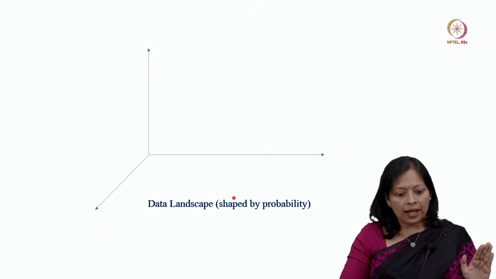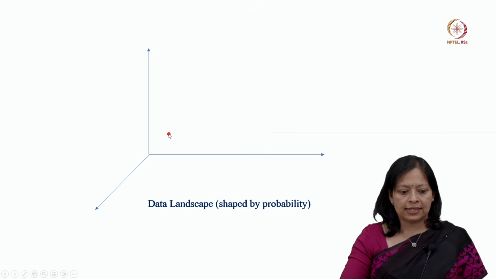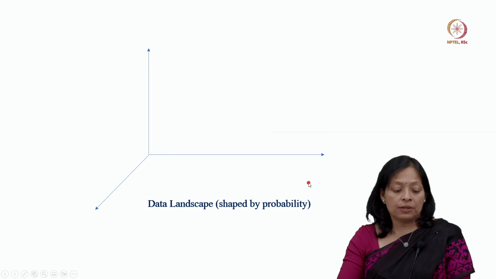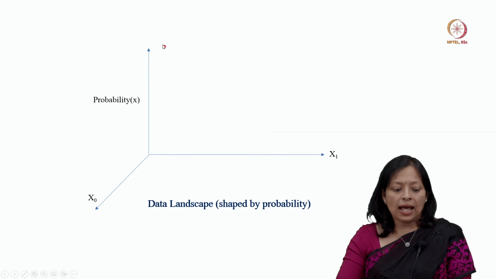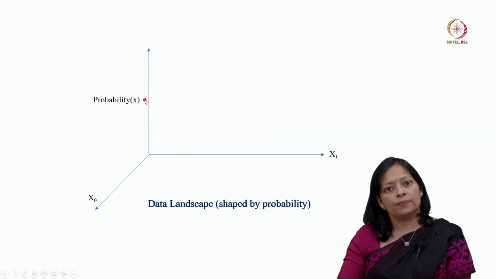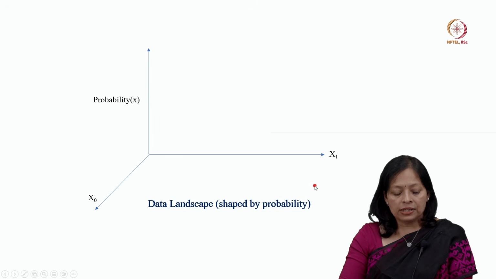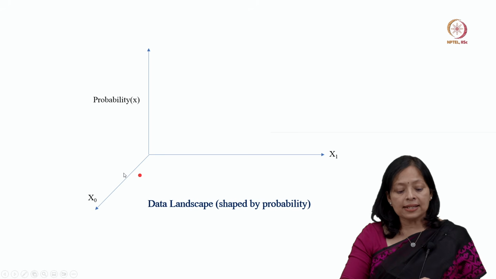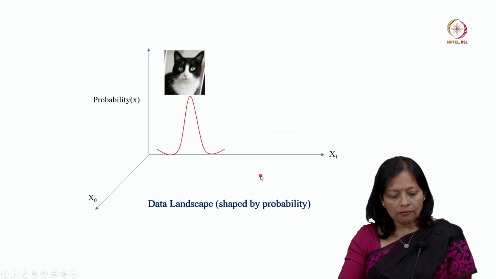I will represent data in this landscape, and this coordinate system will be shaped by probability. What do I mean by that? If I have coordinates x0 and x1, then the z axis is my probability.